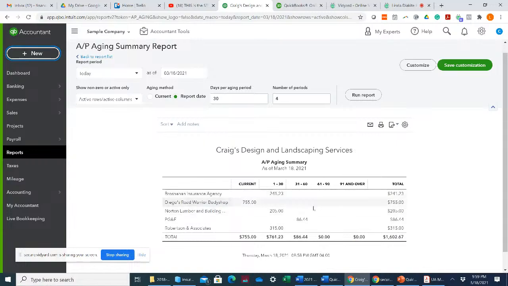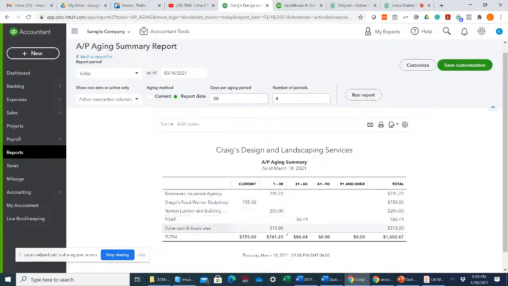If there's a negative number, then that means there was a, what do they call that in QuickBooks? I just lost my train of thought. Basically, there's a payment that was entered, a bill payment. That's what it's called. A bill payment was created without having a bill.